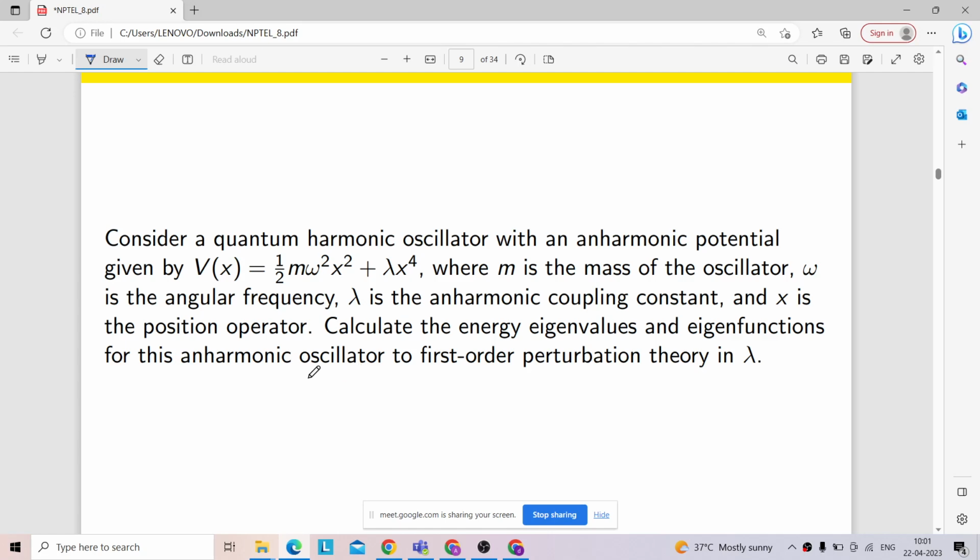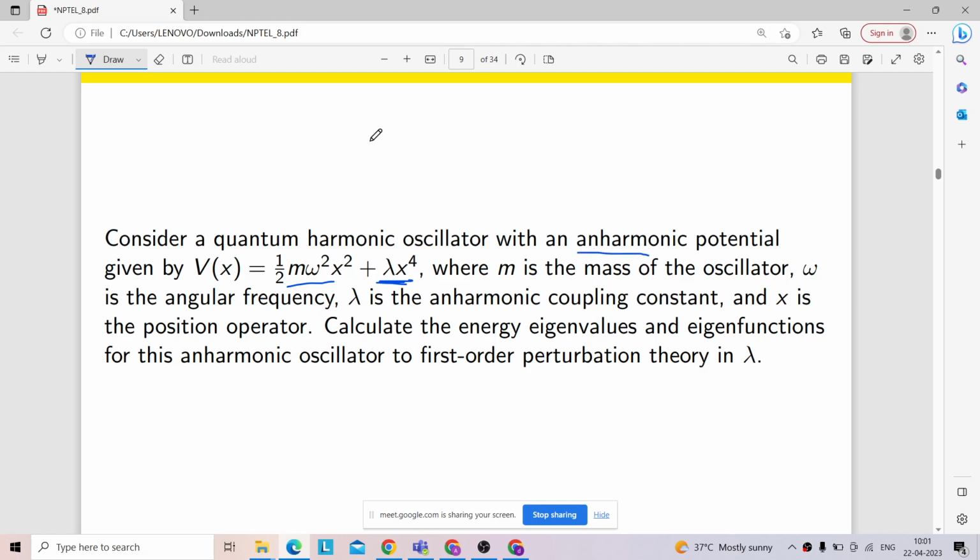So this question says, consider a quantum harmonic oscillator with anharmonic potential. So this is the harmonic potential, but with one extra term, lambda x to the power 4. This makes the potential anharmonic.